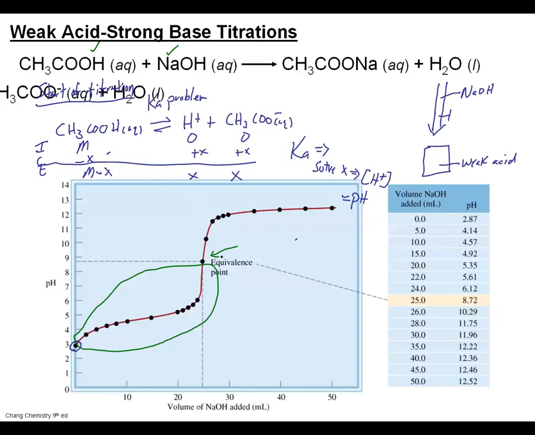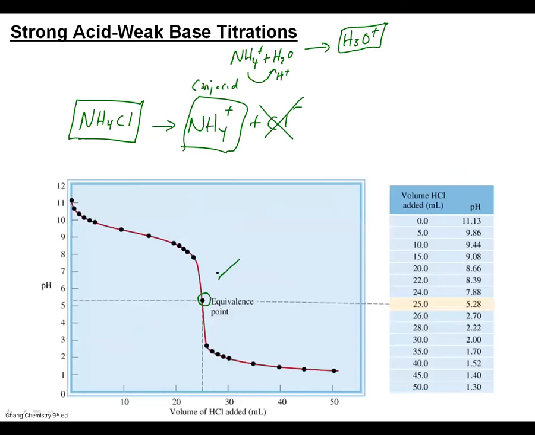And the equivalence point for that last one we were just talking about is below 7 because, again, of the salt that's being generated. So for all of them at the equivalence point, moles of acid and moles of base equal each other. It's really the salt that's generated which will determine whether it be acidic, basic, or neutral.